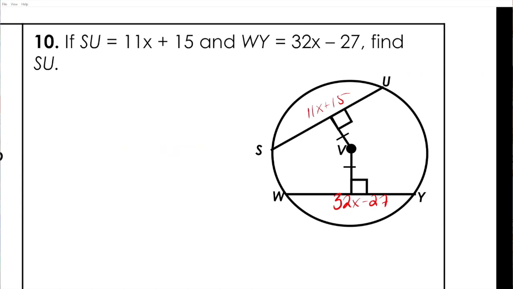They are equidistant from the center. Good. These two symbols showing congruence means they are equidistant from the center. Since they are equidistant from the center, our chords are congruent. So all we're going to do is set them equal to one another.